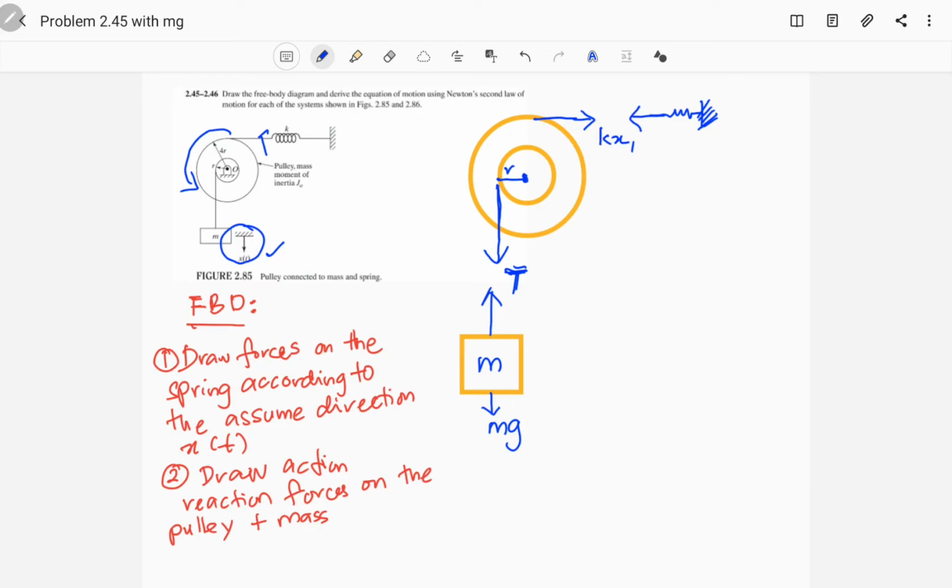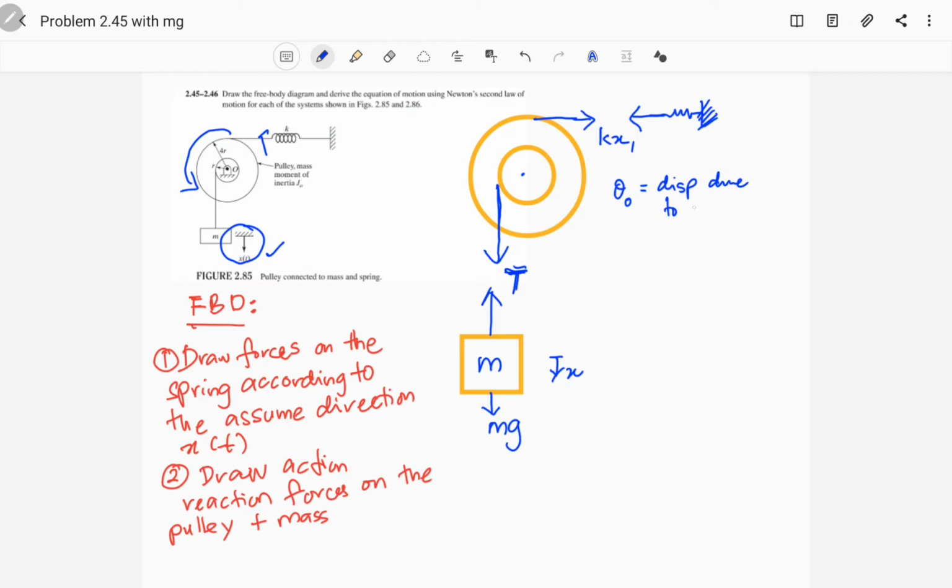Take note that this is a rotational and translational force. So you can expect that instead of defining the displacement in terms of x, you have a relationship between theta and x. With mg in place, I define an angular displacement theta naught, which is basically the initial displacement due to mg.